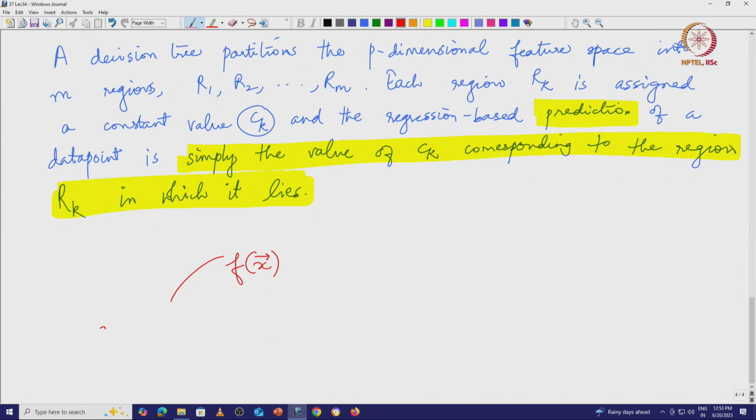So you can write it as a function which just makes a prediction. So this function f is representing the decision tree, and that is simply, you have to go to each region k equals 1 to m, and you have to check whether the point x lies in that region or not, and if x lies in that region, you simply return the value of Ck. So this is how it is written analytically. Of course numerically it is slightly different, but this is a nice way to write it.